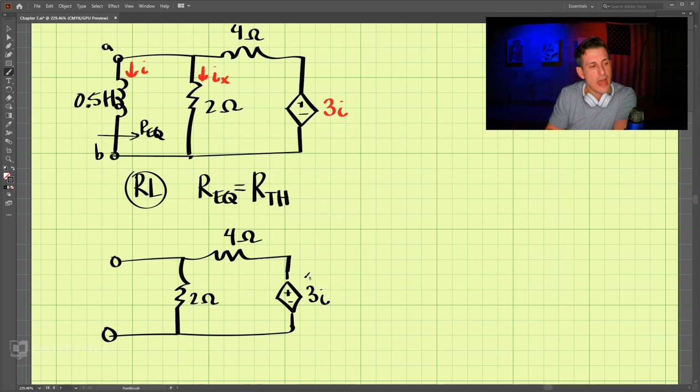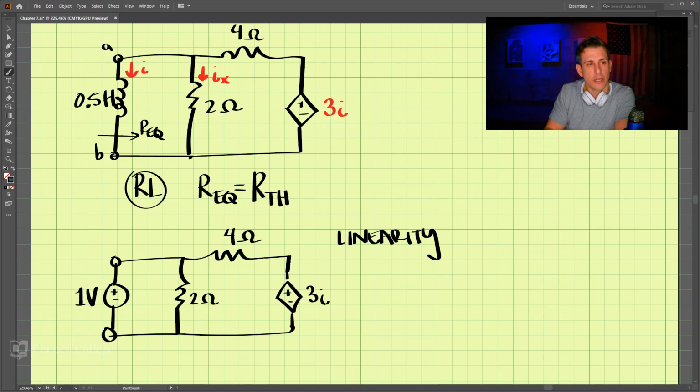Now, because we have a dependent voltage source, we can't just say that these are in series or parallel and find the equivalent resistance. We need to use the property of linearity. Remember linearity? So what we will do is add a voltage source here, and we'll say that this is 1 volt.